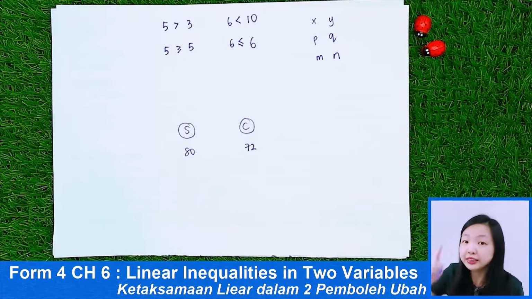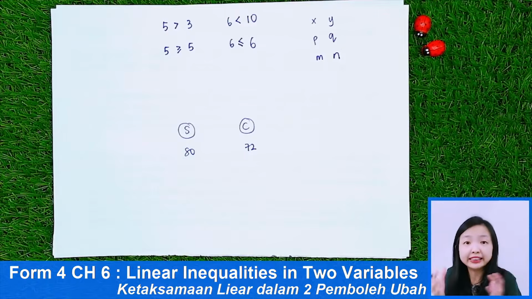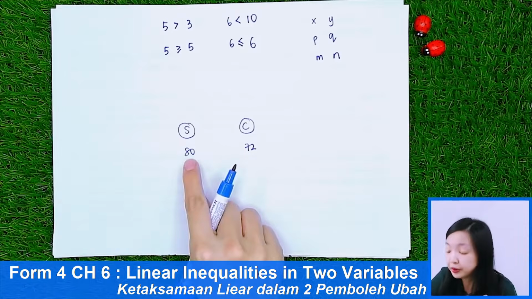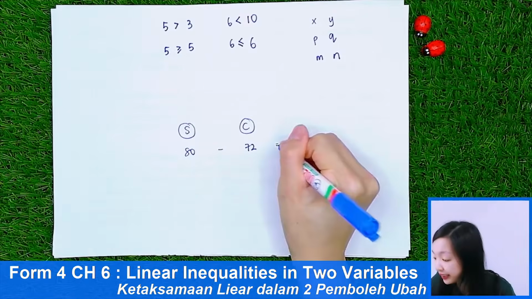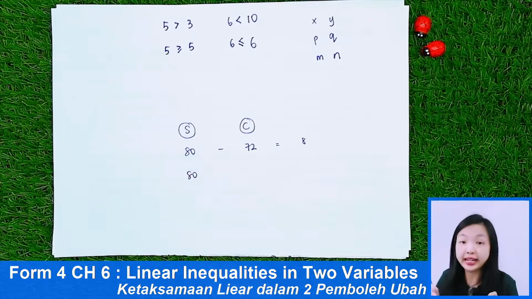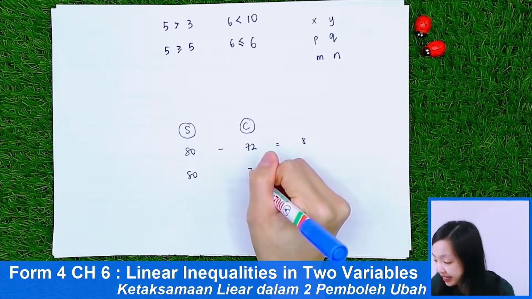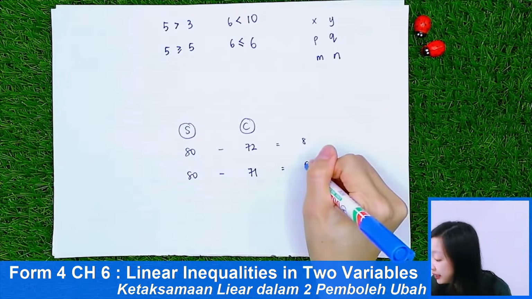How can you calculate the difference between the two of them? You will use Stella's mark minus Charlene's mark. Then you will get 8 marks. If Stella still gets 80 marks and Charlene gets 71, how much is their difference? It equals 9 marks.